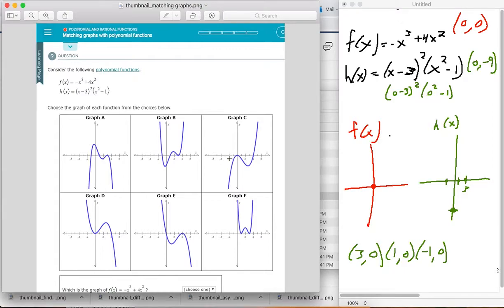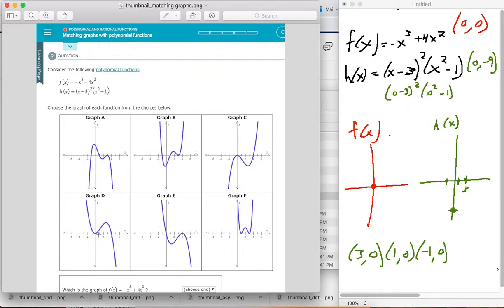So let's see if that's enough for h of x. It's going to have a dot somewhere down here, so that's possible. A is out. B is possible because it crosses at negative 1, at positive 1, and then at positive 3, just like we just said. So B is an option. C is not an option because it doesn't cross at negative 1, doesn't cross at positive 1, doesn't cross at 3.